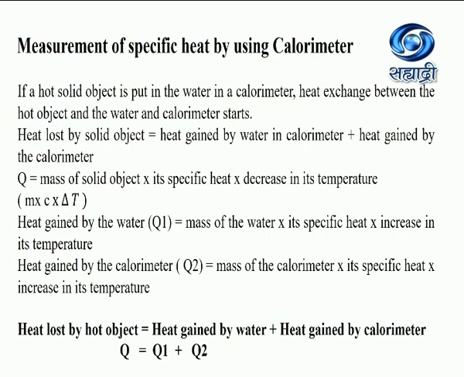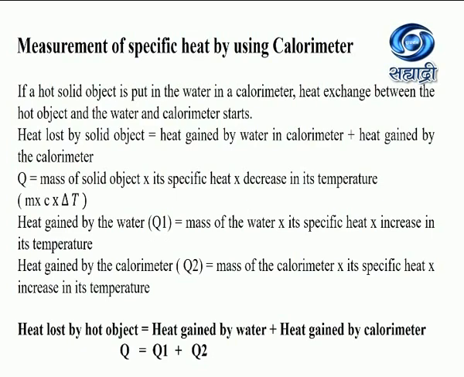Let heat lost by solid object be Q. Therefore, Q is equal to mass of solid object into its specific heat capacity into decrease in its temperature. Similarly, heat gained by water be Q1. Q1 is equal to mass of water into its specific heat capacity into increase in its temperature.